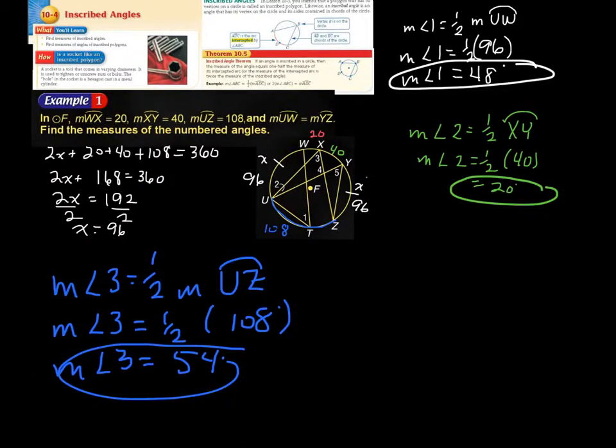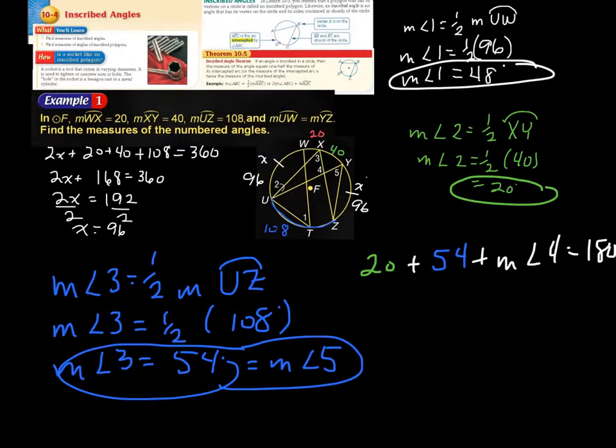I'm going to skip ahead here because I can see that angle 5 is also inscribed in UZ. So that's also going to equal the measure of angle 3. It's also 54. And we still need to find the measure of angle 4. It's not an inscribed angle. It's the third angle of a triangle. We've already found angle 2 and angle 3.